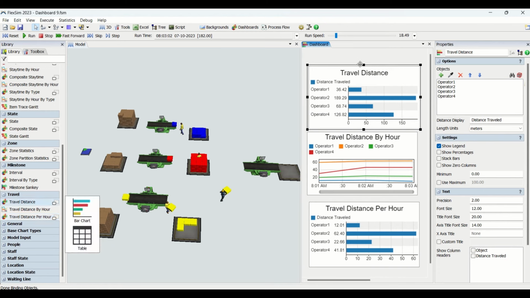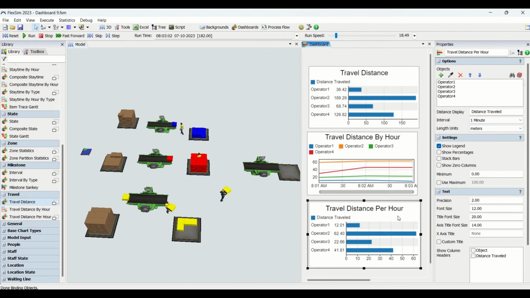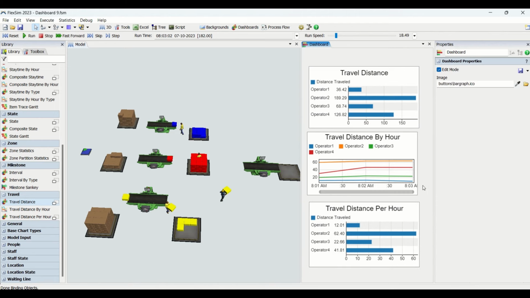If you want to know the distance traveled by the operator plotted against the timing, then you need to use travel distance by hour. And if you want to know the average traveled distance by the operator on a per hour basis, per minute basis, or whatever interval you want to set, then you need to use this travel distance per hour graph.